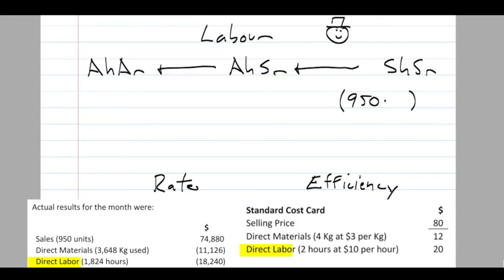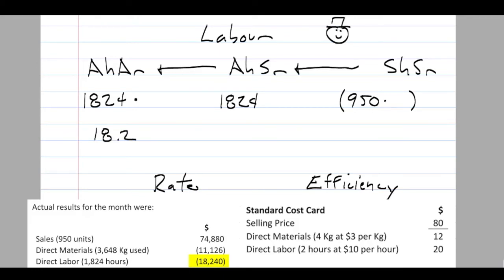All right, let's work together. So, looking right here, we see that the actual hours worked were 1824. They don't tell us the actual rate, but they tell us the actual spend on our workforce was 18,240, the 18.2.